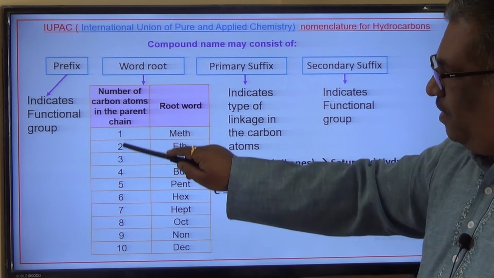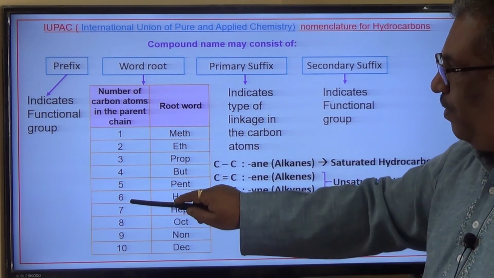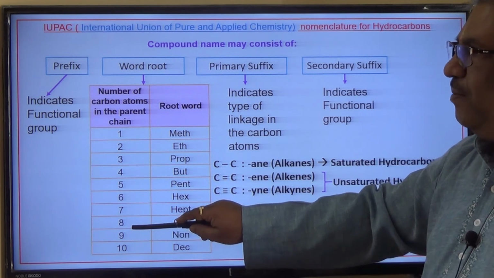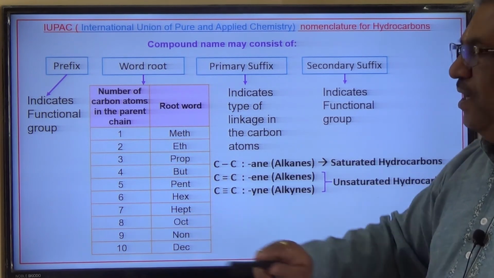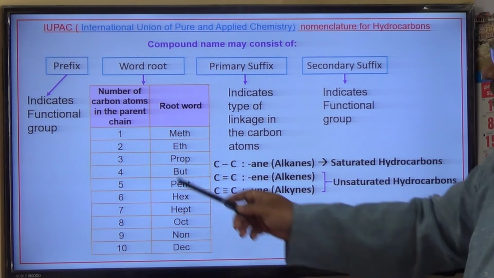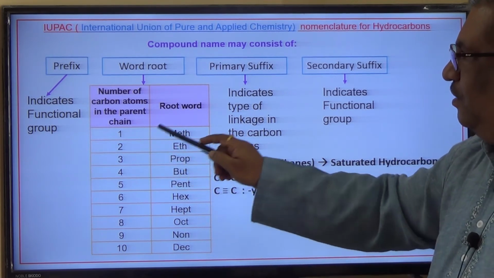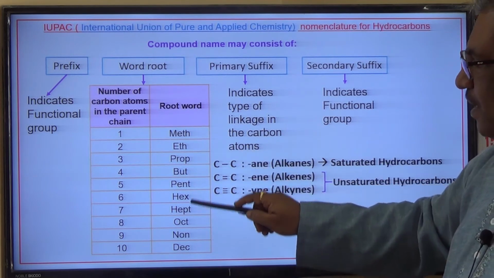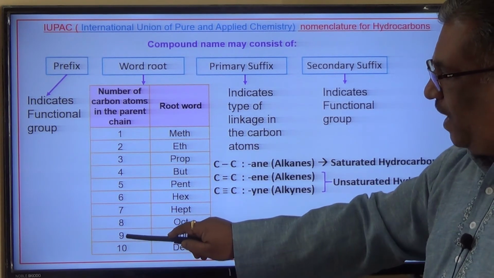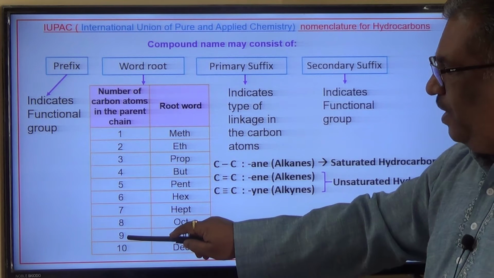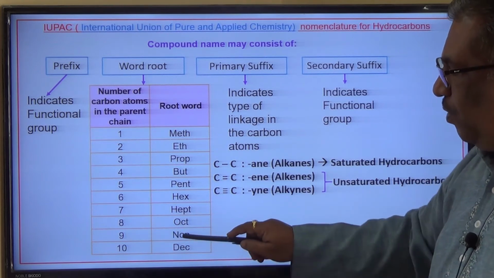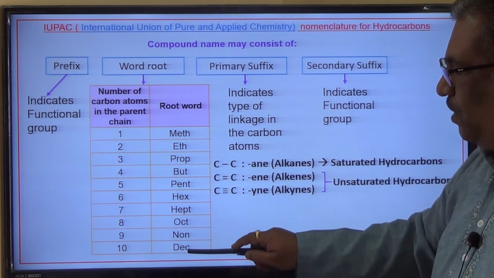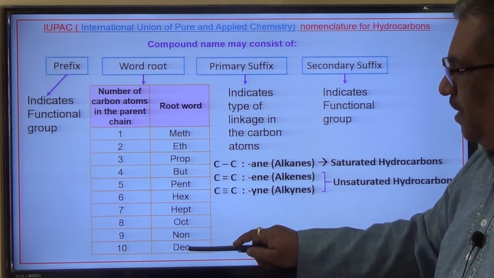Here all these numbers 1, 2, 3, 4, 5 indicate the number of carbon atoms present in a parent chain. Based on the number of carbon atoms, the root word is fixed as meth, eth, prop, but, pent, like that. If there are 9 carbon atoms in a parent chain, the root word is non. If there are 10 carbon atoms, the root word is dec.